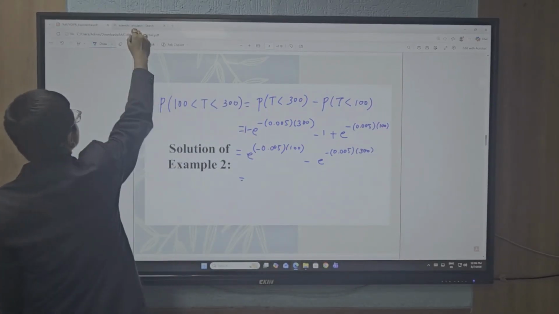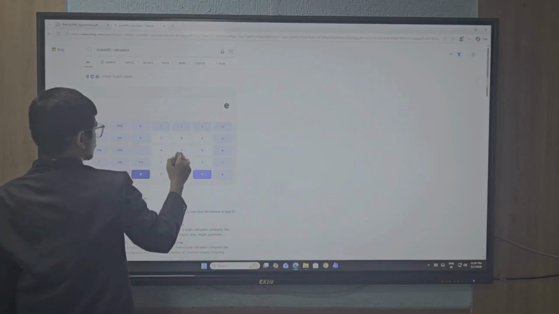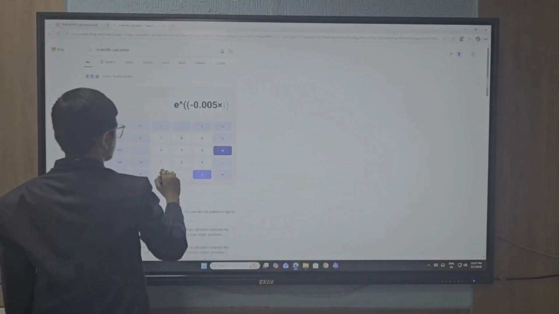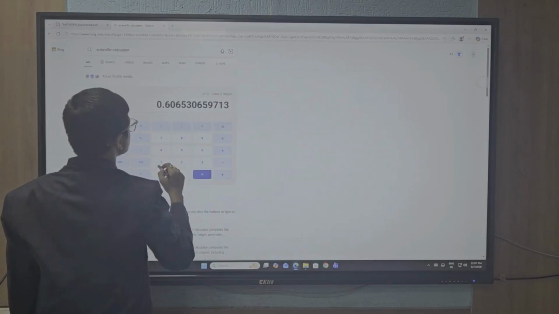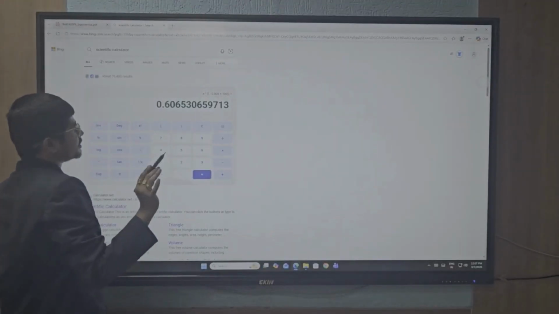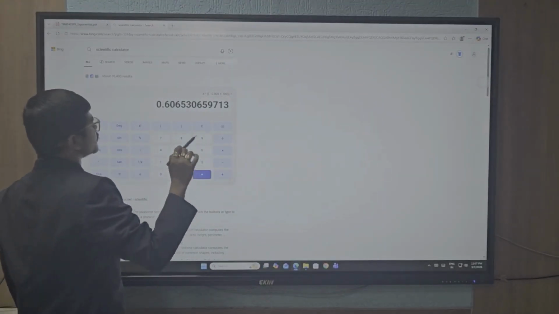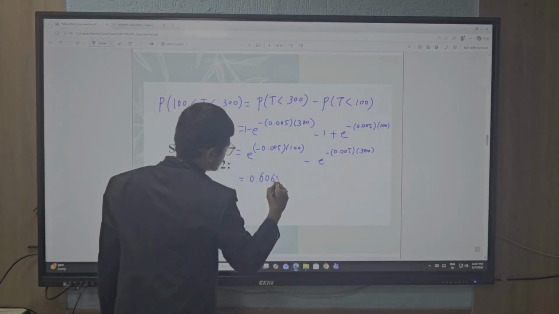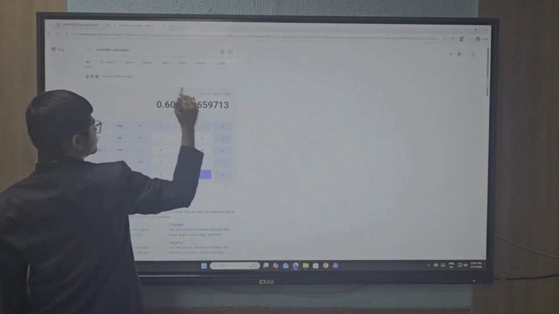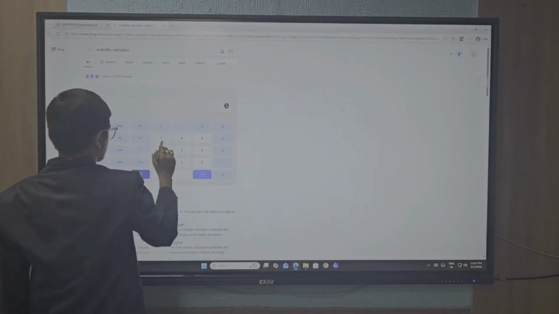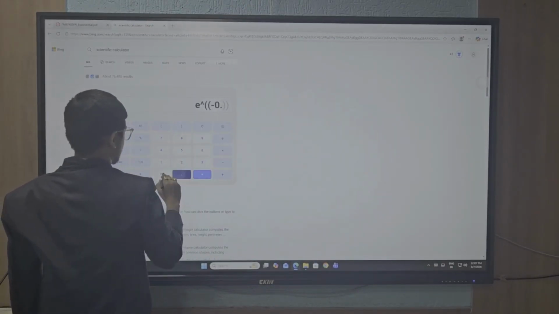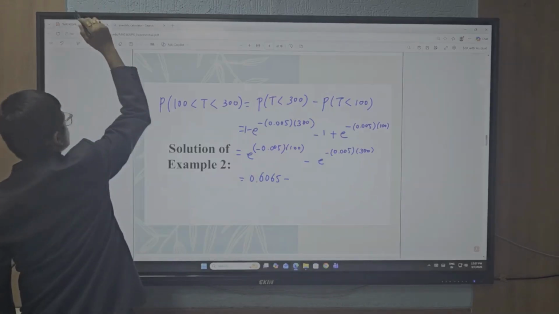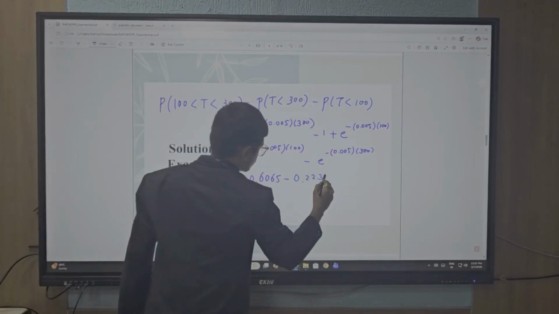So now e raised to minus 0.05 into 100 means 0.6065, minus e raised to minus 0.05 into 300, which is 0.2231.